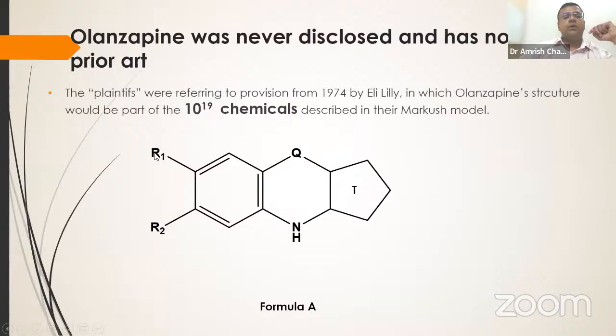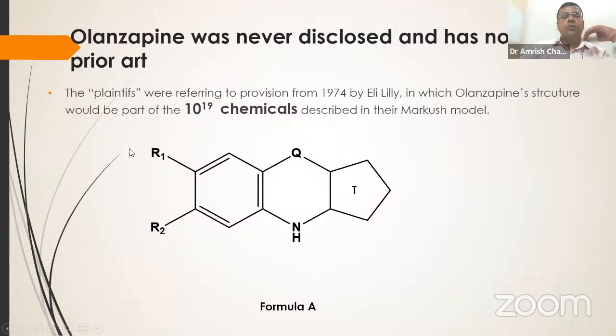So for R1, you can put chlorine, for R2, you can put bromine, and then you can make these combinations. So 10 to the power 19 moieties can be made by replacing R1, R2, Q, and T.